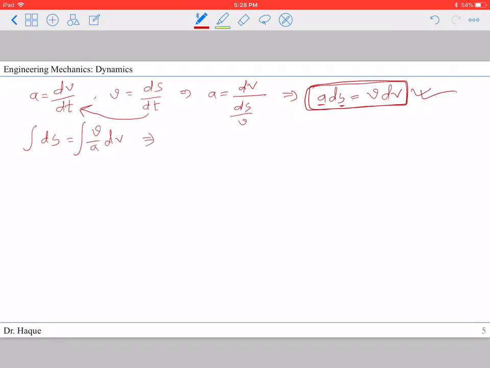If we plug the value of a here and simplify, we will get ds integration on the other side, and we know acceleration is negative 100 over v, dv.